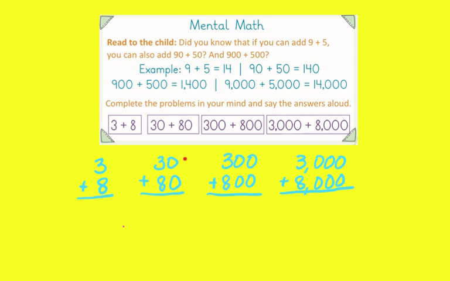So 30 plus 80 equals 110. 300 plus 800 then would equal 1,100. And 3,000 plus 8,000 would equal 11,000.